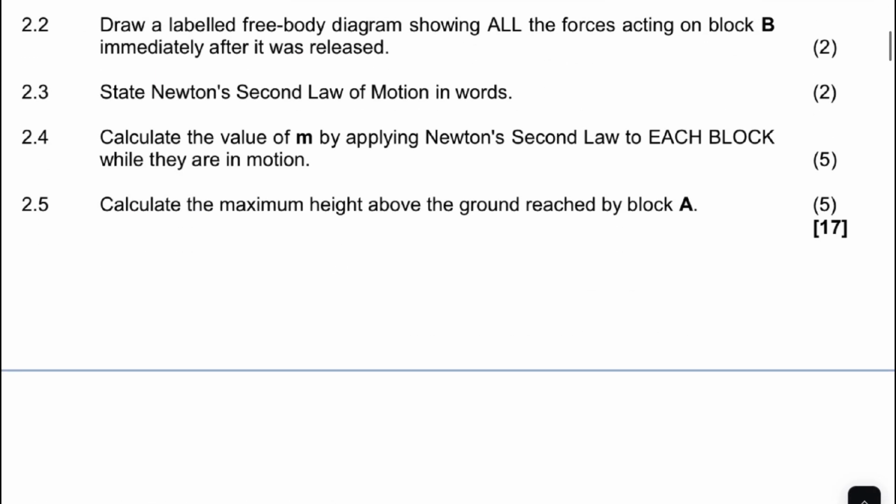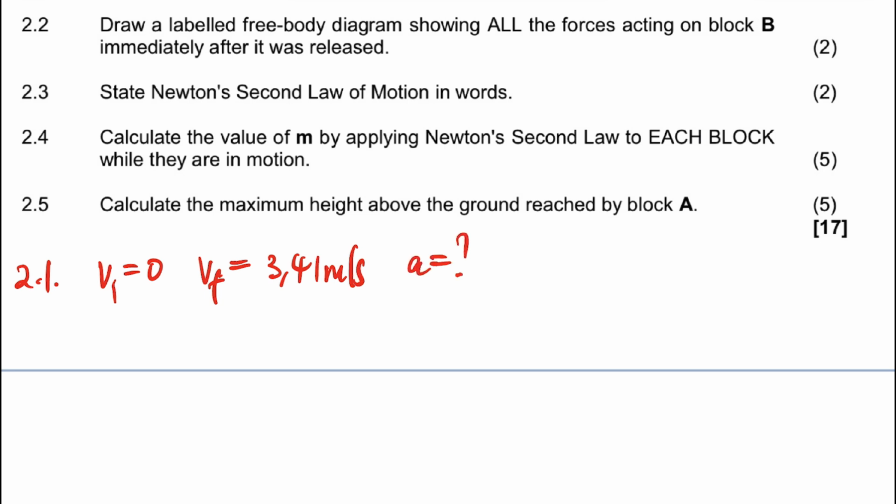So in 2.1, what do we have? We have the initial velocity, we have the final velocity, 3.41 meters per second, and we want the acceleration. And do we have time? We do not have time.